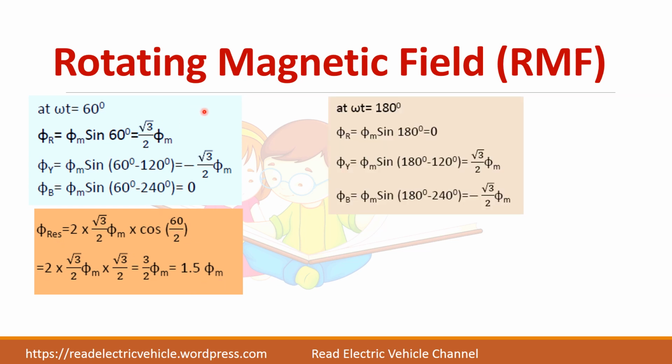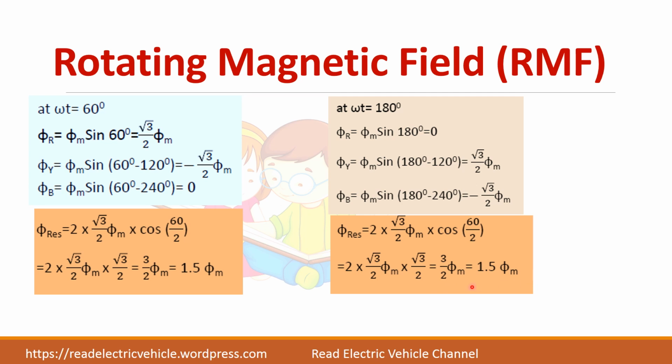Again you find for some other angle, take 120 degree or 150 degree, any value. I have taken 180 degree and finding the values. Again here this is equal to 0 and these two have equal and opposite polarity. Now you find the resultant, it is again 1.5 phi m.